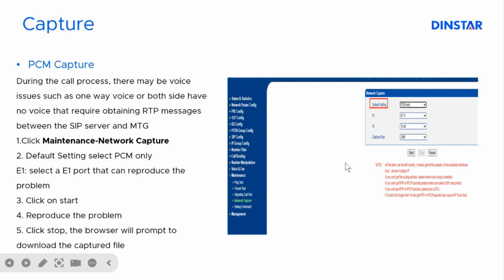It's the same way as the IP captures and the network captures, but we can find the PCM captures in the status, the interactions with the PSTN line, the E1 T1 lines. So for the audio issue with the PSTN lines, we need to get the PCM capture.